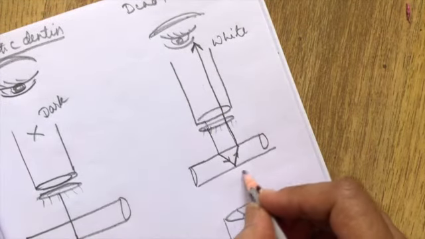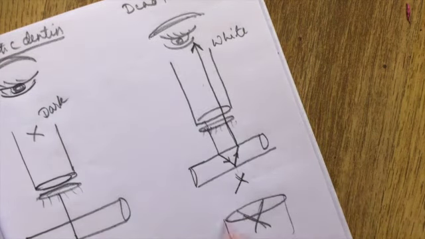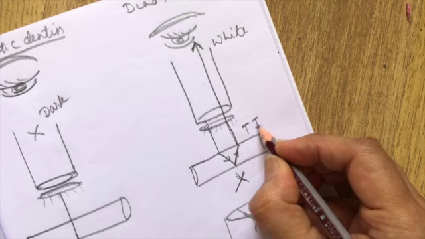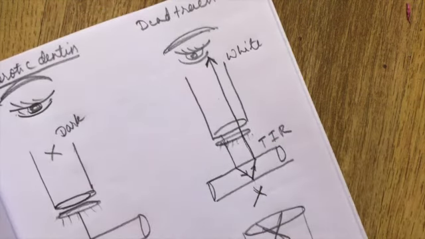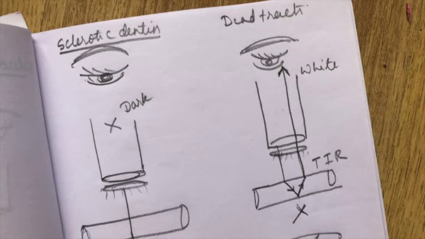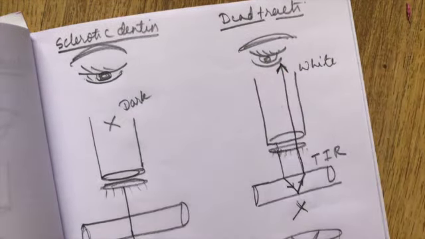Here there is no light passing through, that's why there is no light lost. So this principle again is total internal reflection that happens in tetracts, and that is why tetracts under reflected light appear white. I hope this concept is clear with both sclerotic dentin and tetracts, why they appear different in transmitted light and reflected light. Now we shall start with drawing the histology diagrams of these.